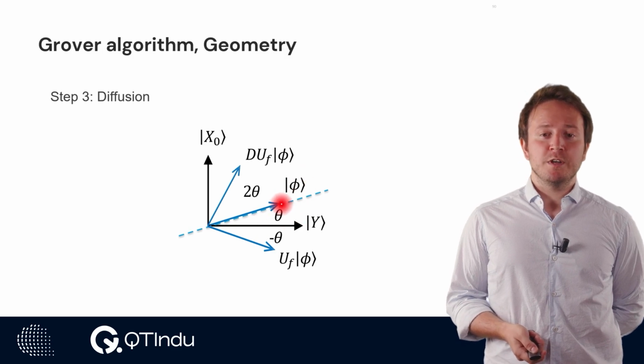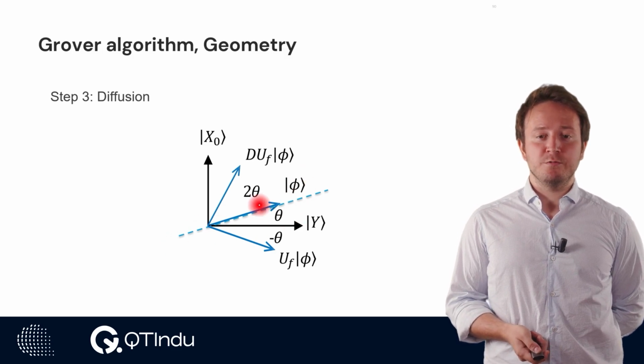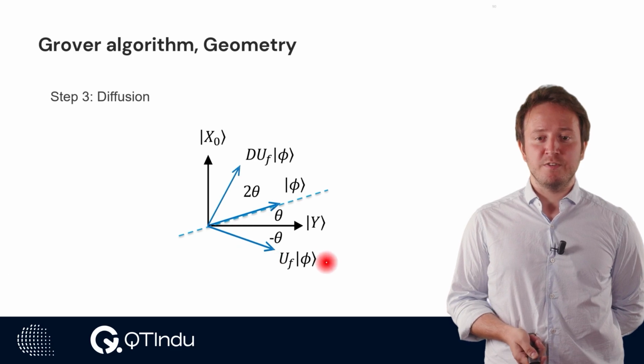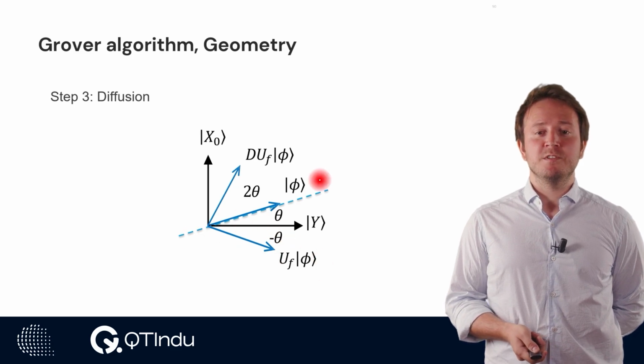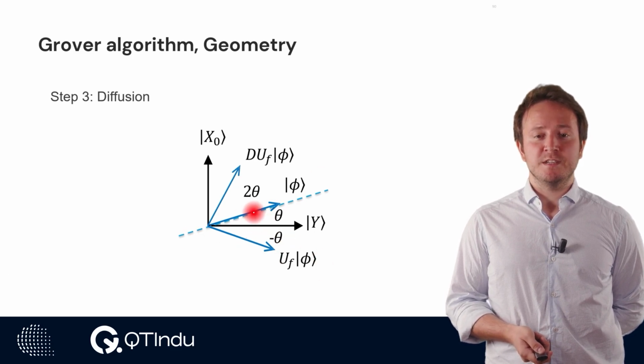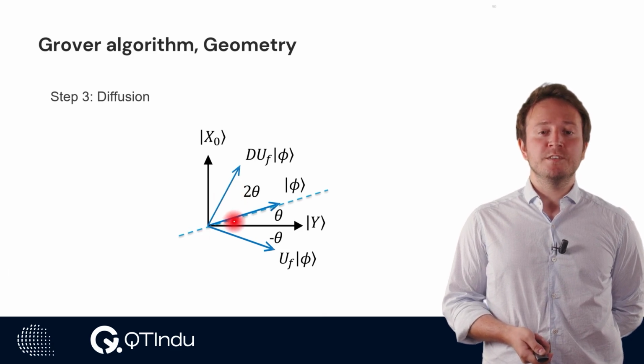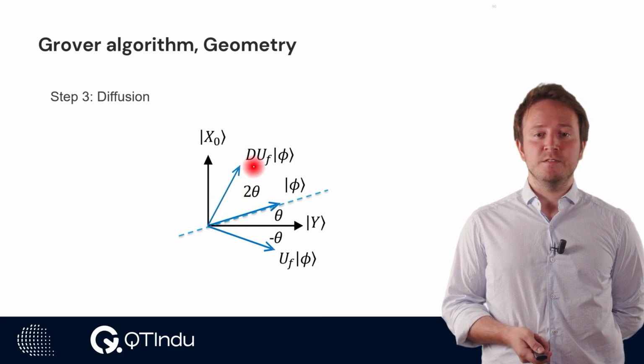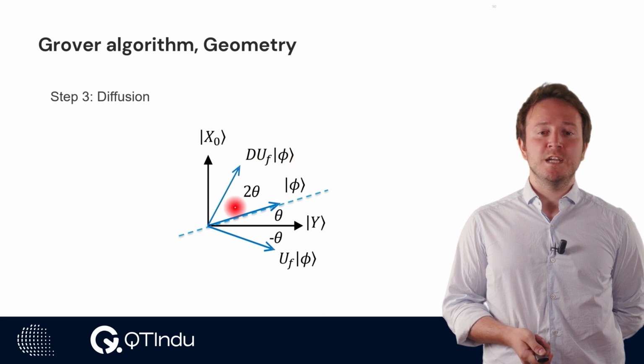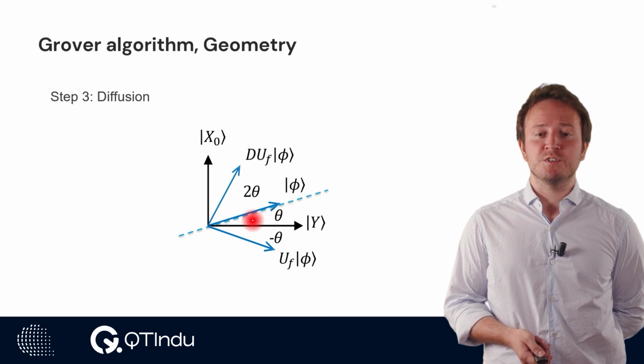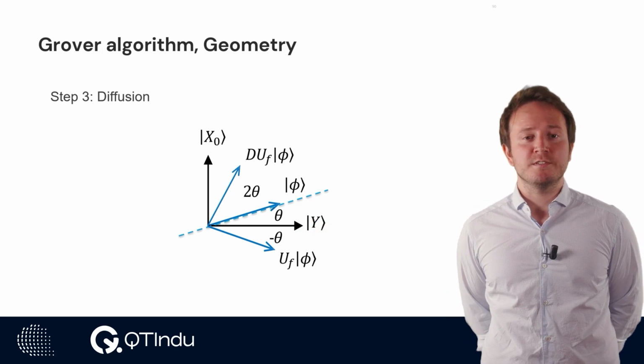So we flip the state U_f of phi about this axis, and we pick up an extra 2 theta angle, resulting in the state D U_f of phi, which, as I remind you, was 3 theta rotated with respect to the original coordinate system.